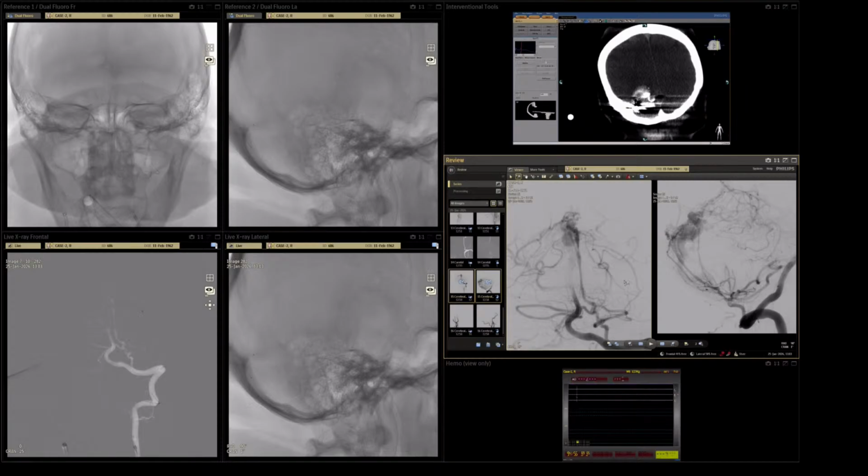Okay, we have flashing system. Headway with Traxxas we used for the navigation in the posterior meningeal branch.